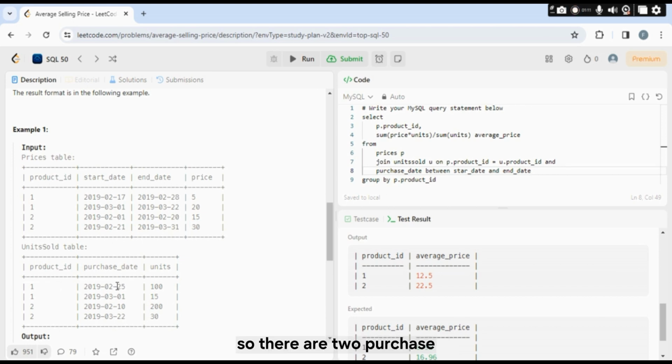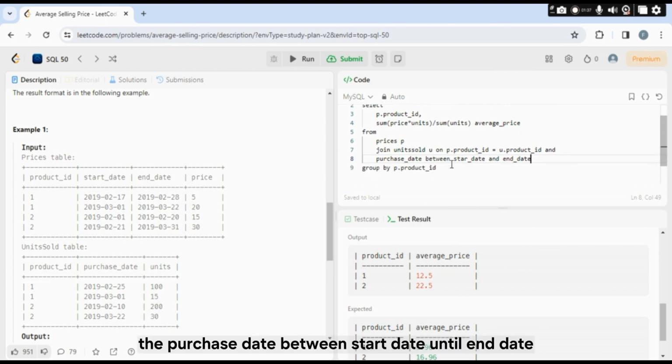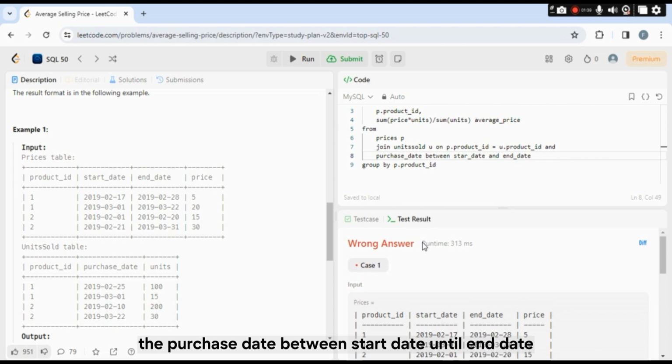So there are two purchase dates from product one, the 25th and the 1st. So between start date and end date, there are two purchase dates. So we have to include the purchase date between start date until end date.